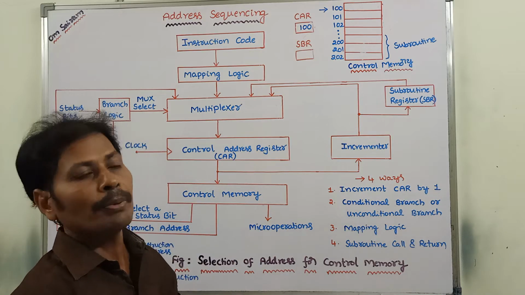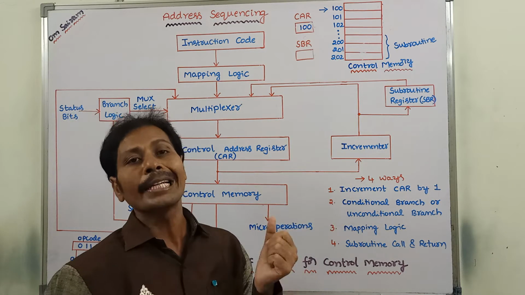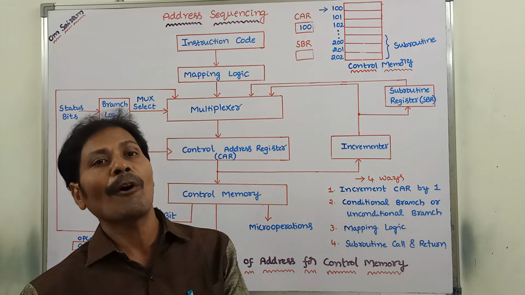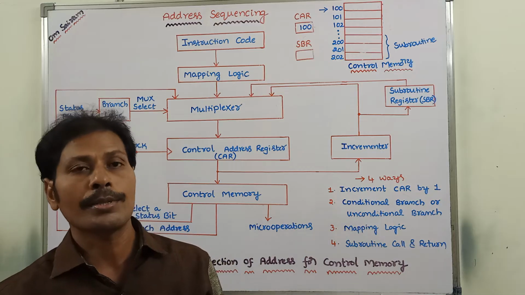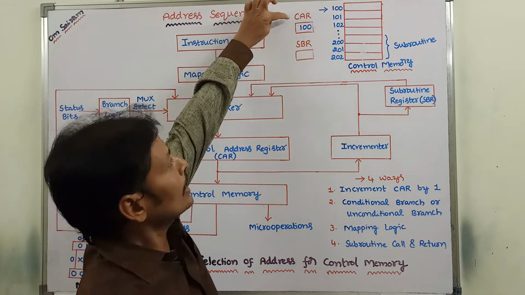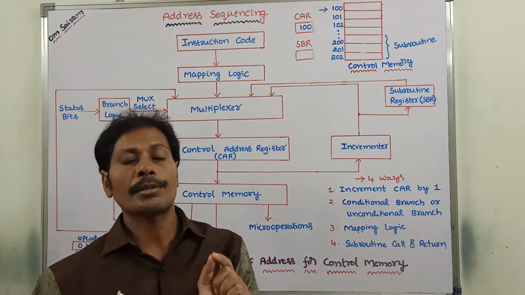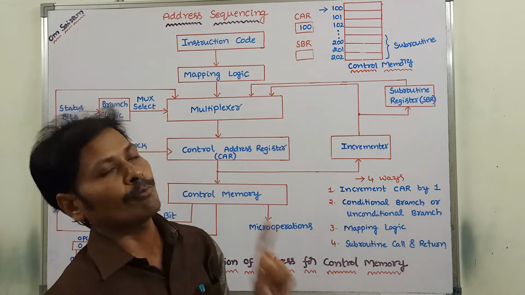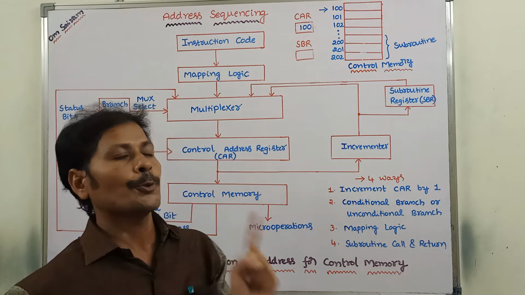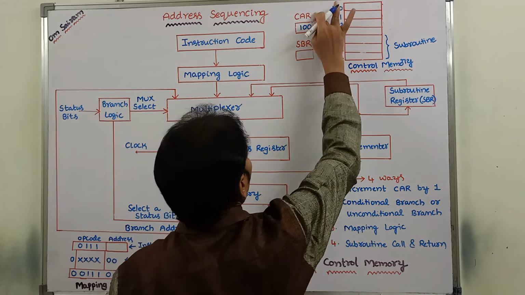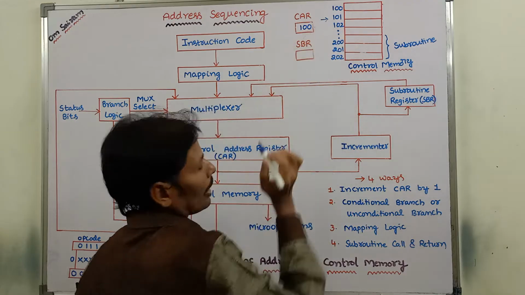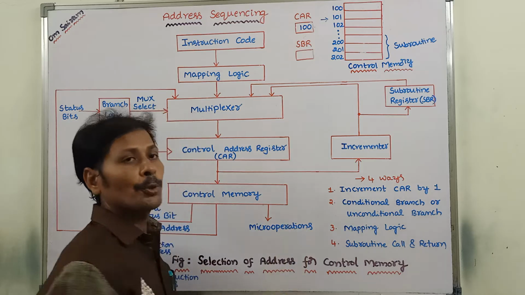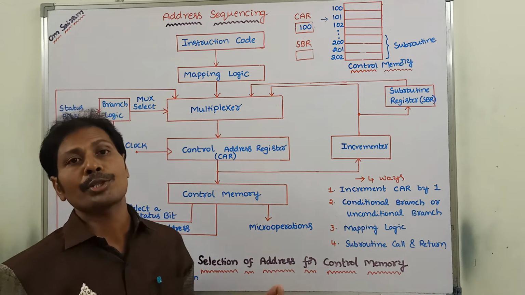For that purpose, we have to use the incrementer. The incrementer increments the content of the control address register by 1. Here the content of the control address register is 100, that is incremented by 1. 100 plus 1, that is 101. So 101 is the next micro instruction address. In this way, we achieve the address of the next micro instruction.